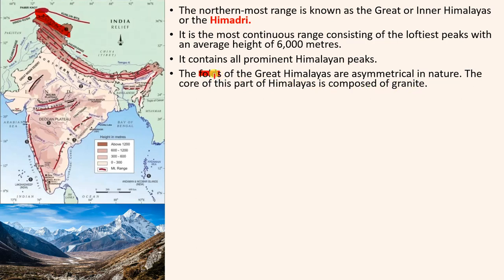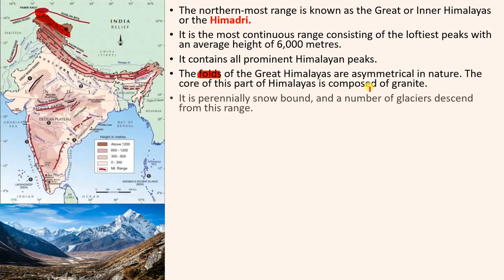It is perennially snowbound. Perennially snowbound means throughout the year that Greater Himalaya is covered with ice, snow. A number of glaciers descend from this range.